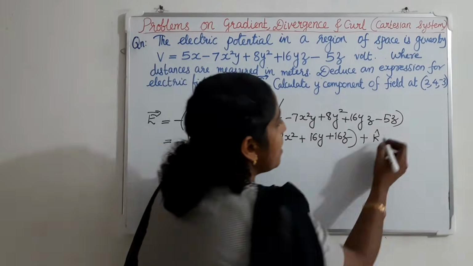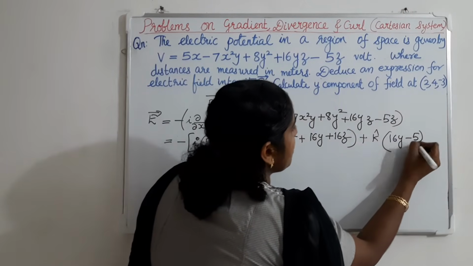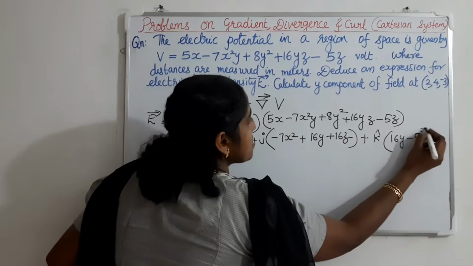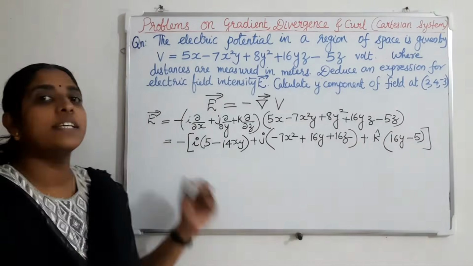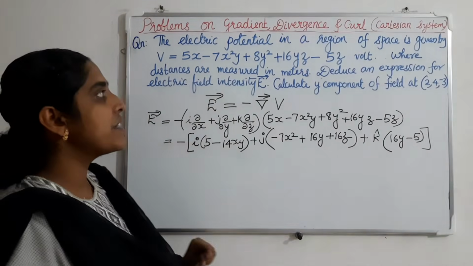Z components are 16yz, derivative is 16y minus 5]. So this is the expression for the electric field intensity from the potential function. Here the distances are measured in meters.